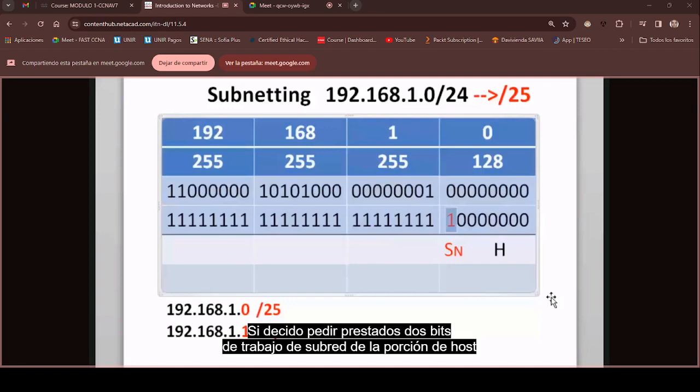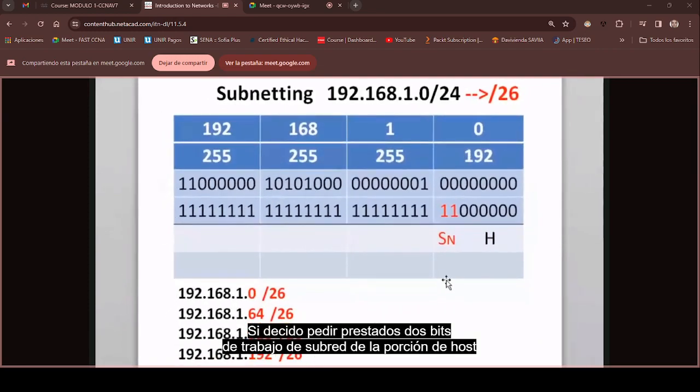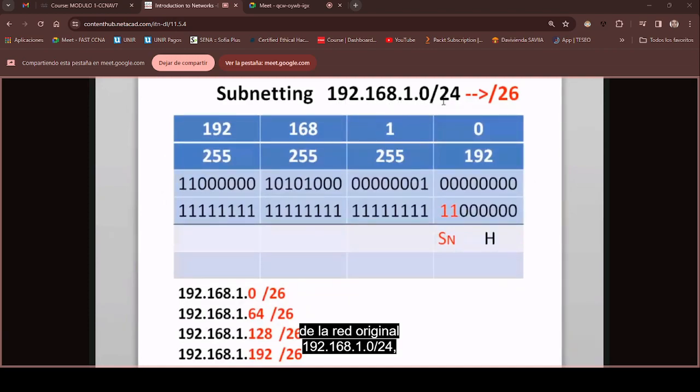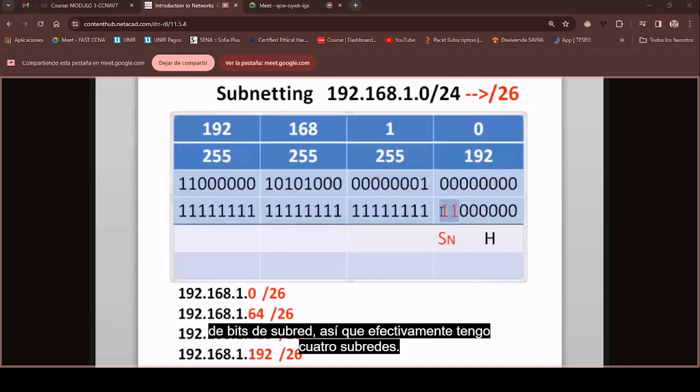If I decide to borrow 2 subnetwork bits from the host portion of the original 192.168.1.0/24 network, I now have /26. I've borrowed 2 bits, so now I have 2 to the 2nd power, so I have effectively 4 subnetworks.